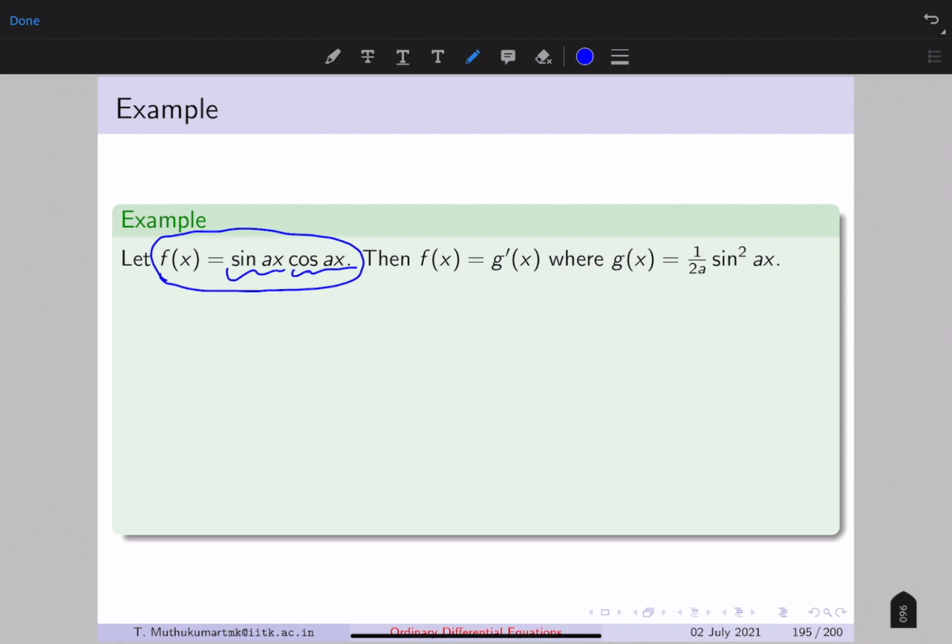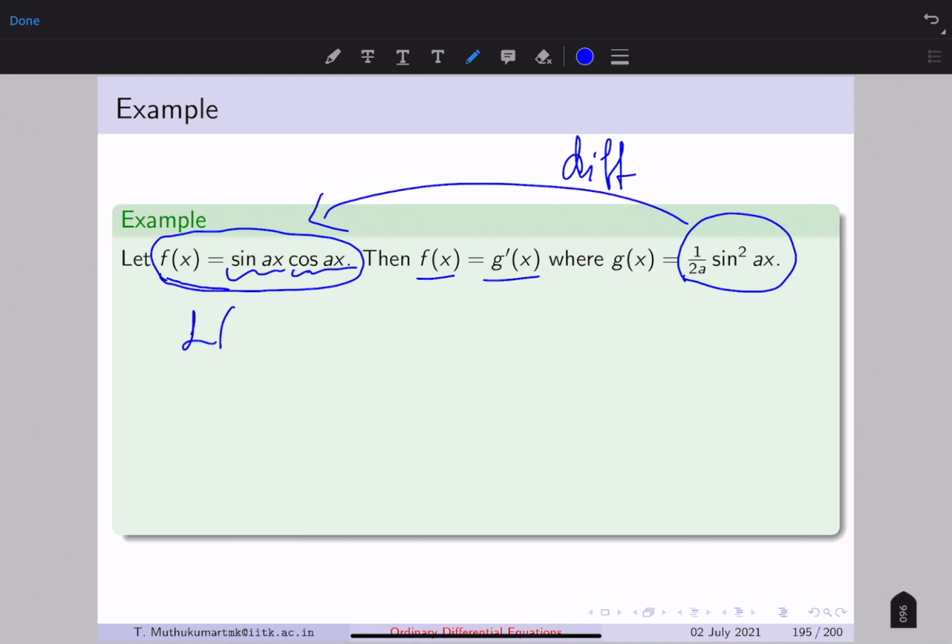So we want to compute the Laplace transform of this f. One way of doing that is to observe that this f can be seen as the derivative of a function g. If you differentiate this, you get this. So this is your g.